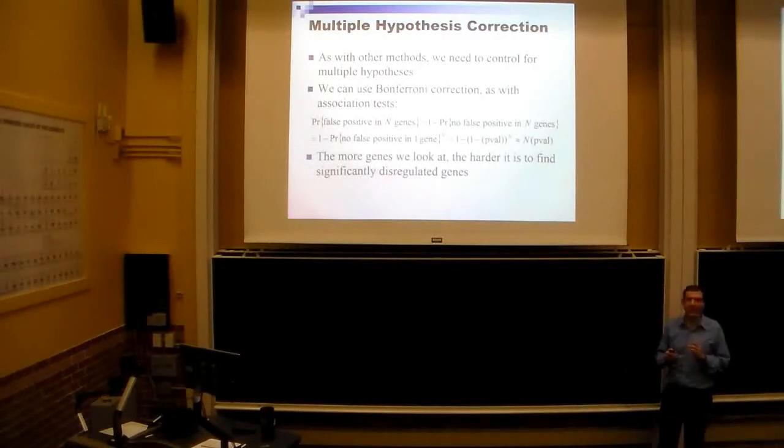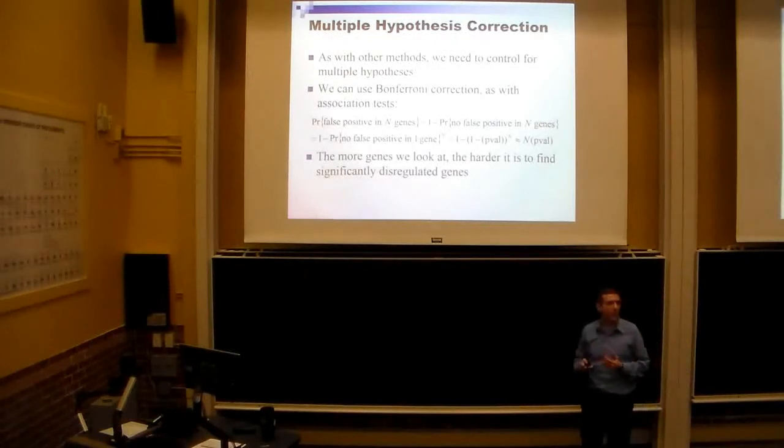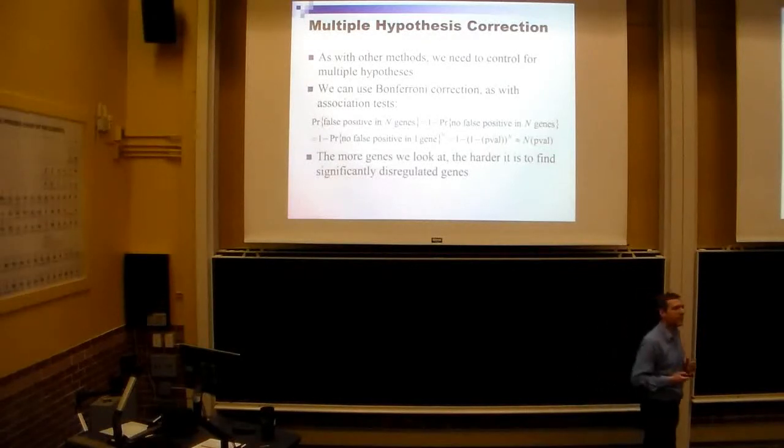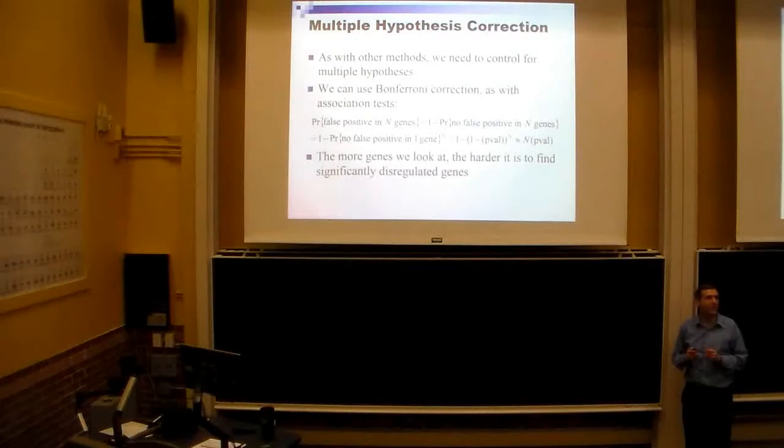There are more sophisticated methods where you might pre-screen for genes that have similar expression patterns and just look at genes that are genuinely distinct from one another and not look multiple times at ones you know behave similarly. But basically, anything that brings n down is going to give you a better chance of finding weak effects. So any questions before I move on from this?